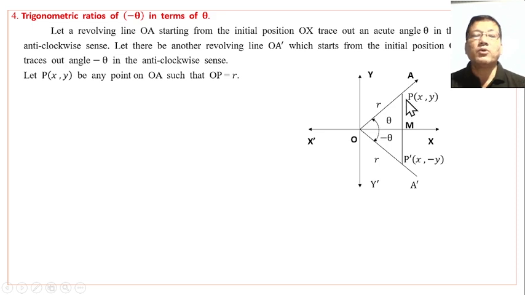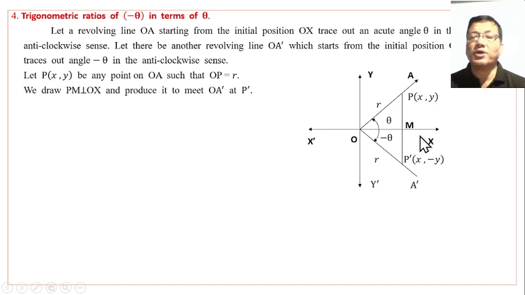Let P, whose coordinates are x, y, be any point on OA, and take a point on OA dash such that OP is equal in length. We draw PM perpendicular to OX and produce it to meet OA dash at P dash. Then the coordinates of P dash are x, minus y, and OP dash is equal to r.